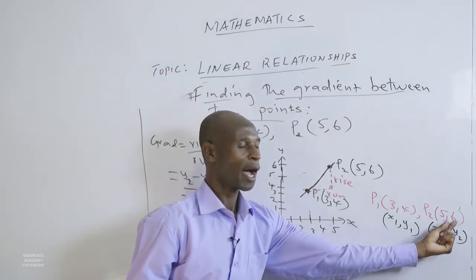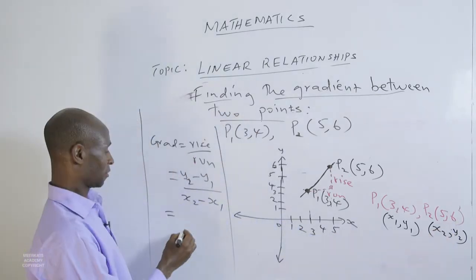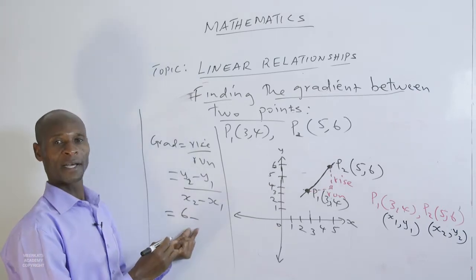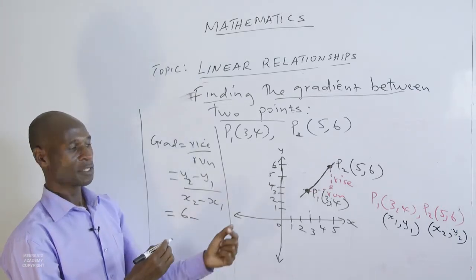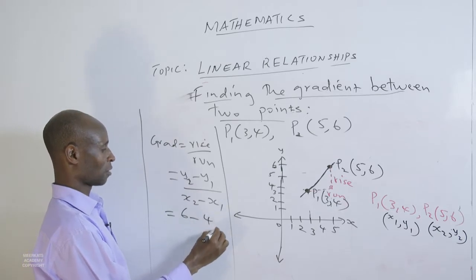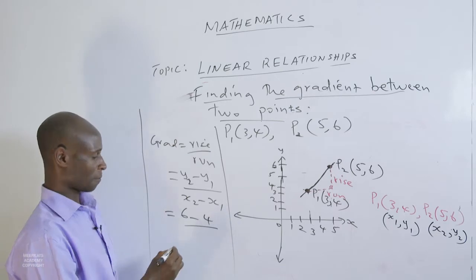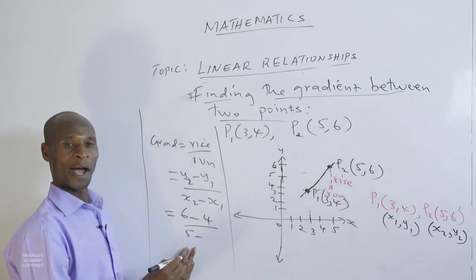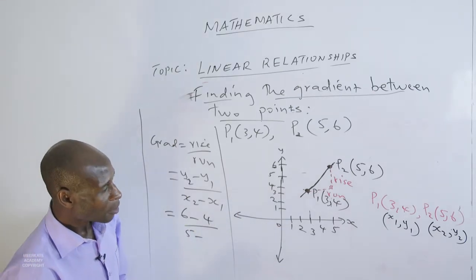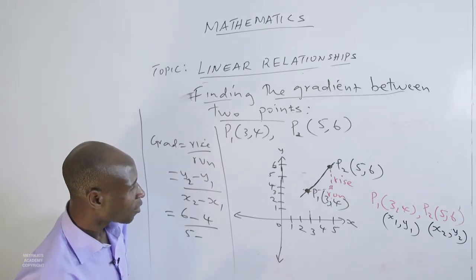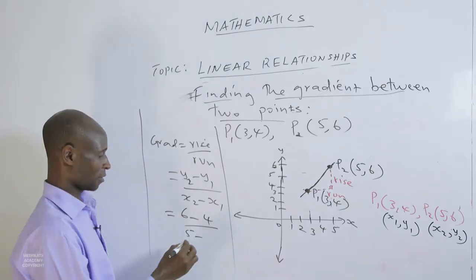Our y2 as a point is 6, minus y1 which is 4. x2 is 5, while x1 is 3.